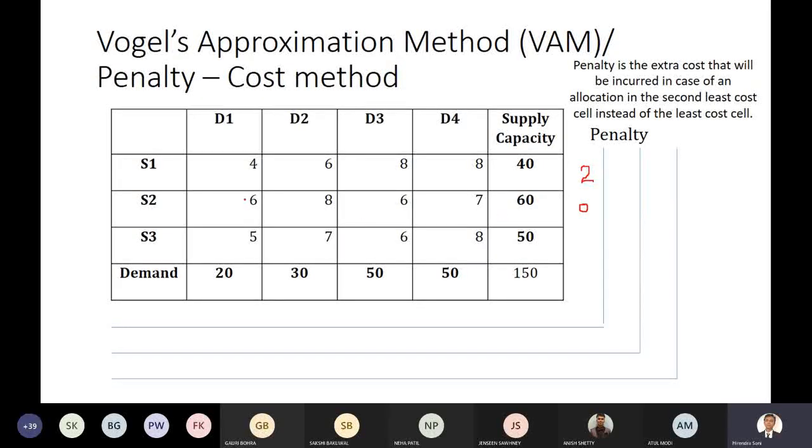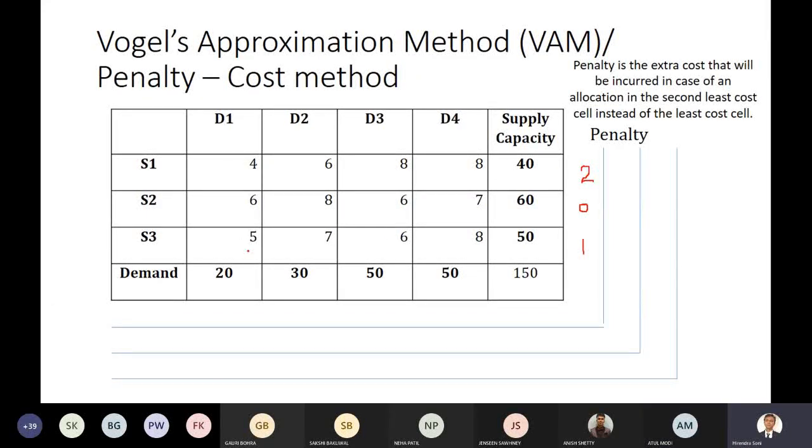Hence, the penalty is 0. Clear? Now let's look at the third row. What would be the penalty? 6 minus 5, 1.